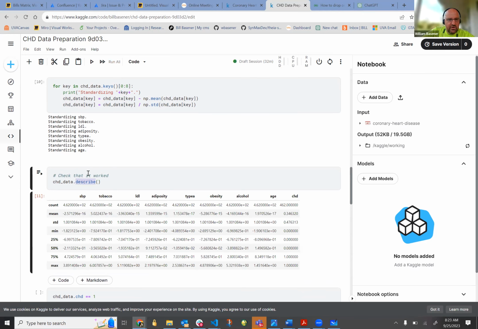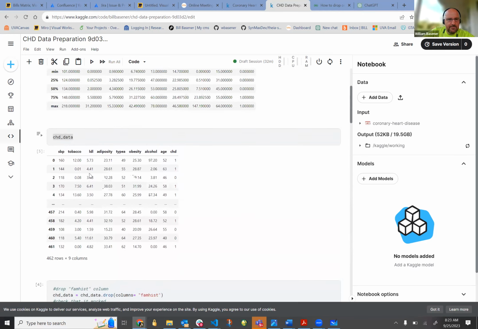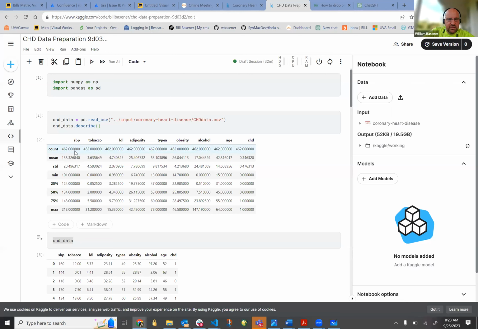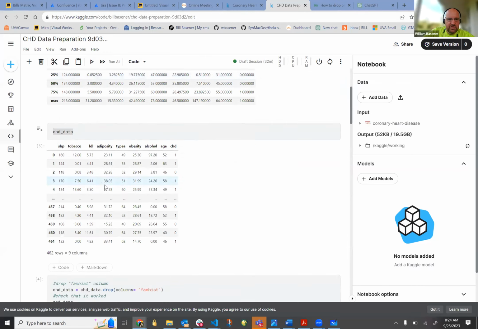Remember describe: if we go up, when we did describe originally, it gave us all the numeric columns, with the count, how many values, the mean and standard deviation. The mean for SBP, let's look at that, was about 138. The mean for tobacco was 3.6. Look at the standard deviations.